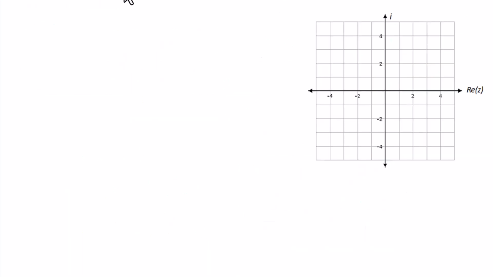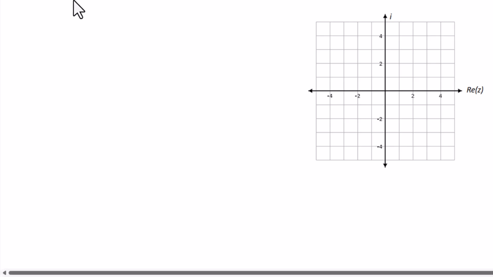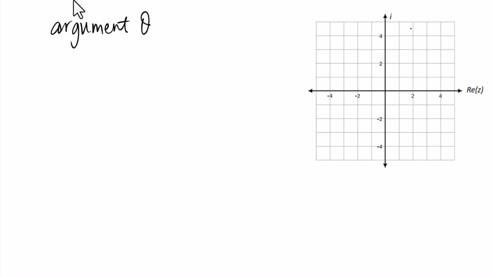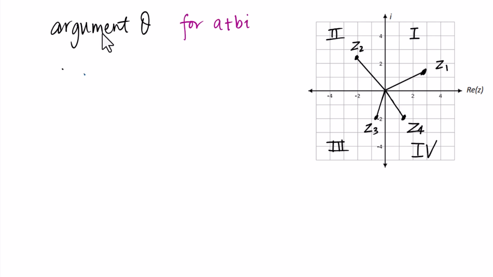Let's talk about argument theta. This is quadrant 1, quadrant 2, quadrant 3, quadrant 4. Let's define a variable alpha. Alpha equals inverse tangent of absolute value of b over a.